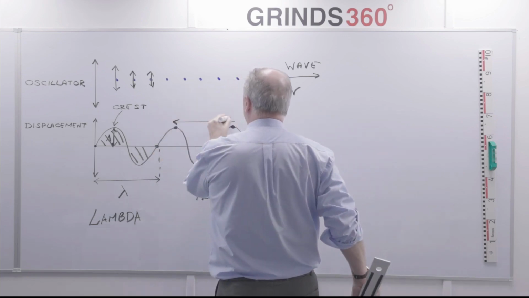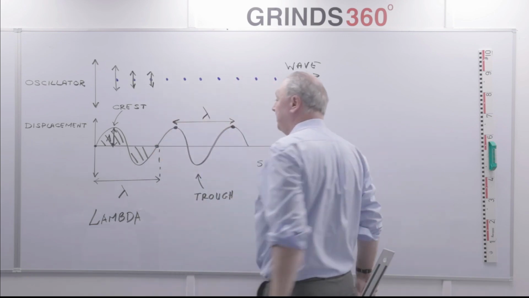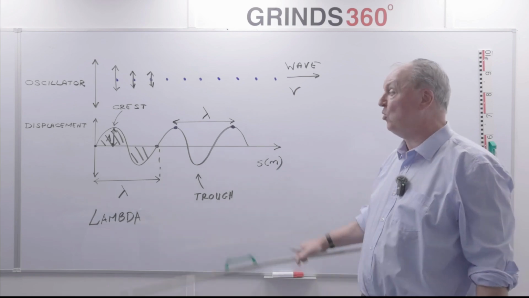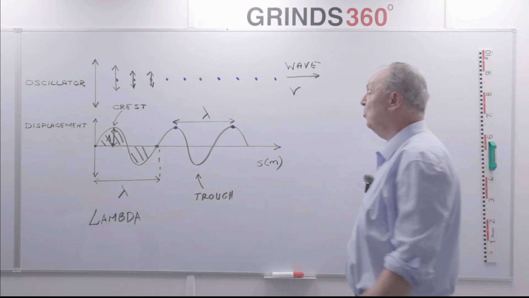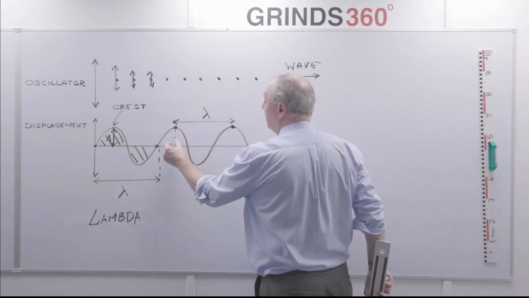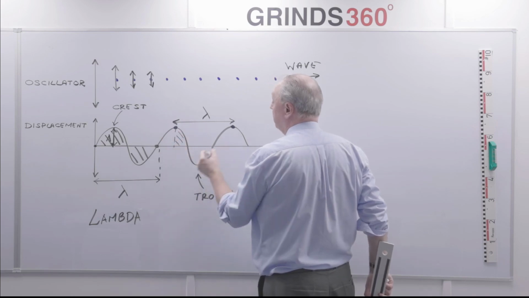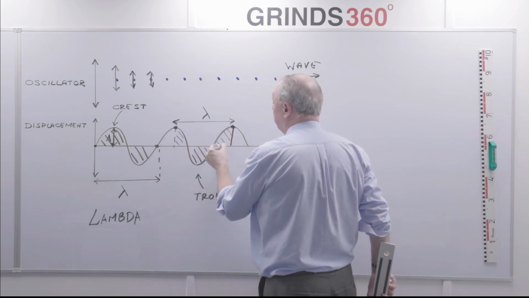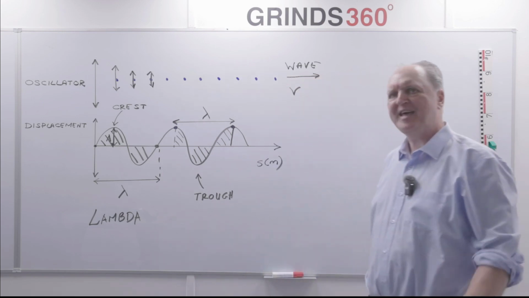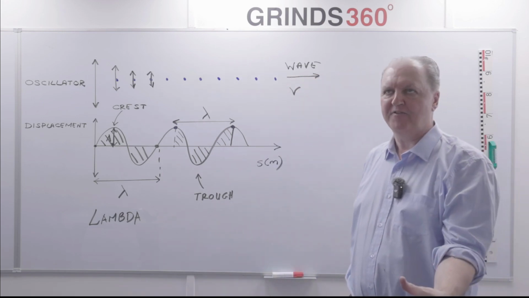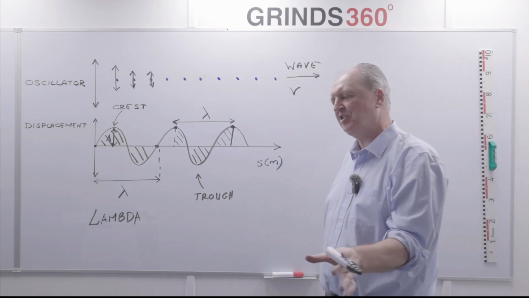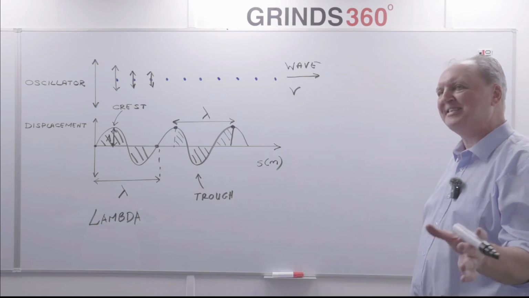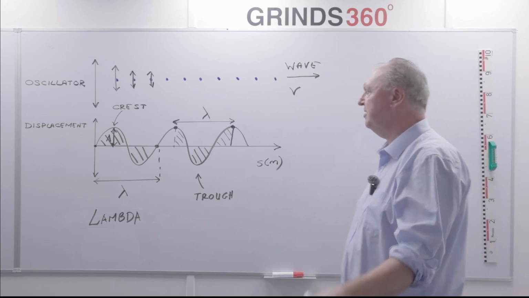And why is that the case? Well, is that the same length as a full wave here on the left? It would be. Here's the start of it. That's a quarter of a wave. There's a half a wave. And here's the finish of it. There's a quarter of a wave. So they add up all together to give you a full wave. So actually the definition of wavelength will be the distance from crest to crest.